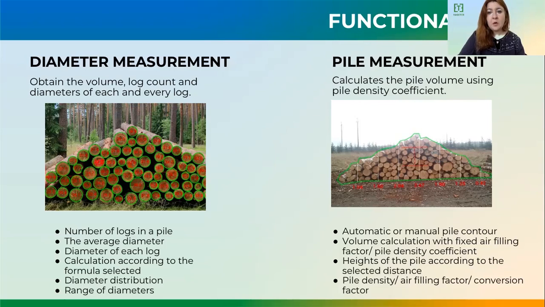The height of the pile in accordance with the selected distance will be instantly displayed on the device. And of course, Timber takes into consideration the pile density or air filling factor, which is applied for this specific measurement.